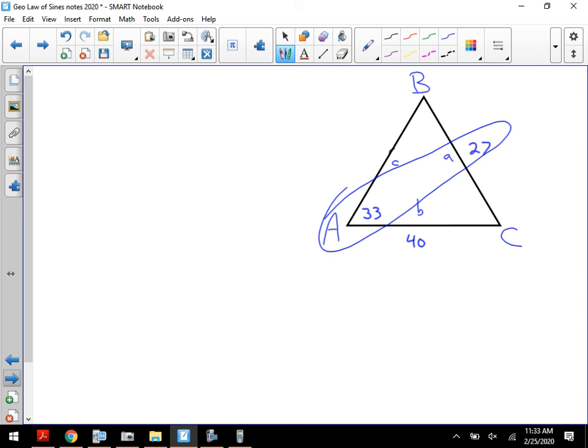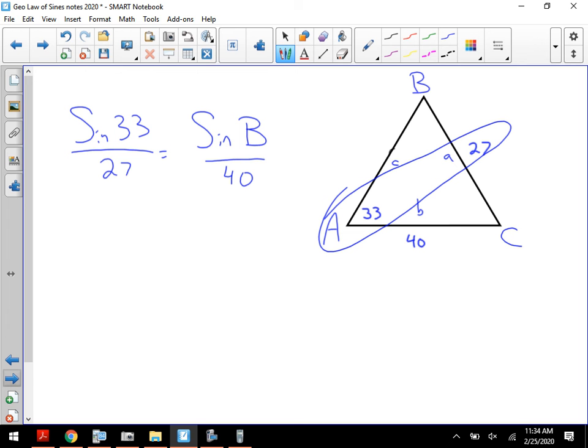Okay. So what we do is we set it up the same way. Sine 33 is to 27. Sine of B is to 40. Now, we've all found angles. We had to do that on our tests and quizzes. We had to use the inverse function. Remember that?